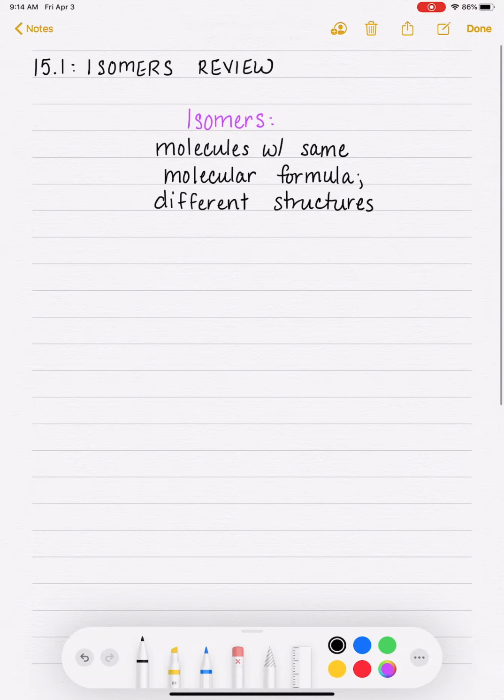And we learned about one type of isomer already, but we're about to learn a second type of isomer as well. So the type that we've already learned, we called constitutional isomers.